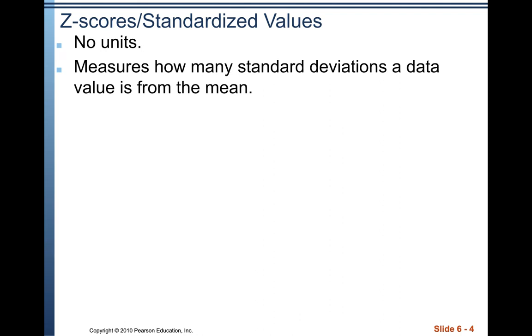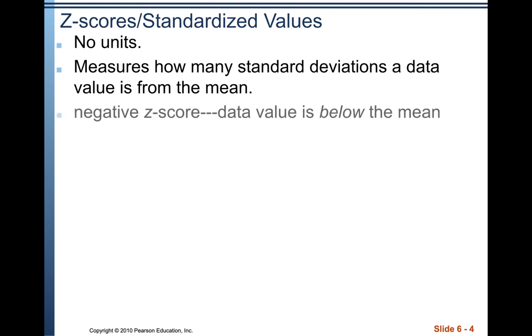So we all know what the mean is. The standard deviation is how spread out the data is from the mean. A z-score for a particular value will tell you exactly how many standard deviations that particular value is from the mean.